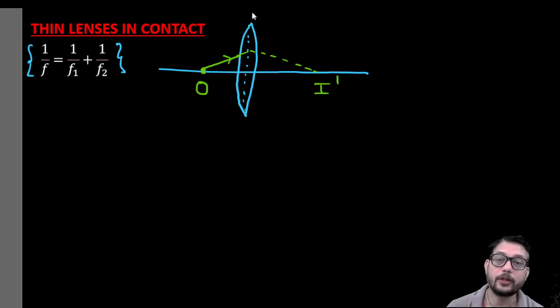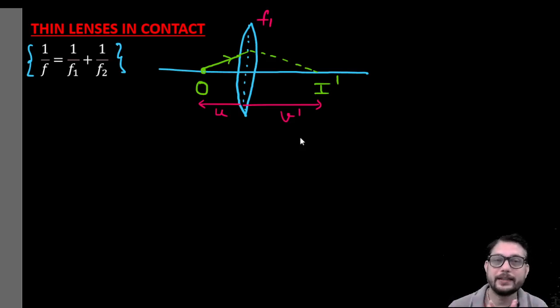If the focal length of this lens is f1, because it is the first lens, you can see clearly this is your object distance u, and this is your image distance v dash. Why are we taking I dash and v dash here?